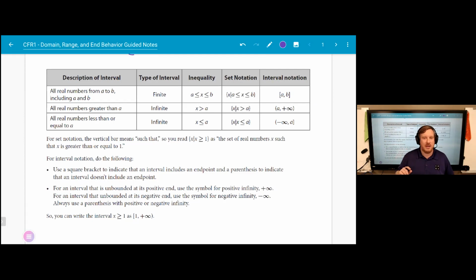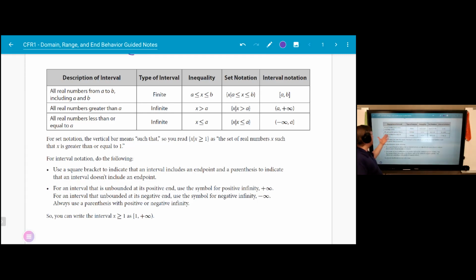We've got inequality notation, which has inequalities in it. We have set notation, which is basically inequality notation with some fancy curly brackets on the outside. And we have interval notation, which has either some square brackets or some parentheses. So a lot to read here. I'm going to go through this and then we're going to chat about this, right?